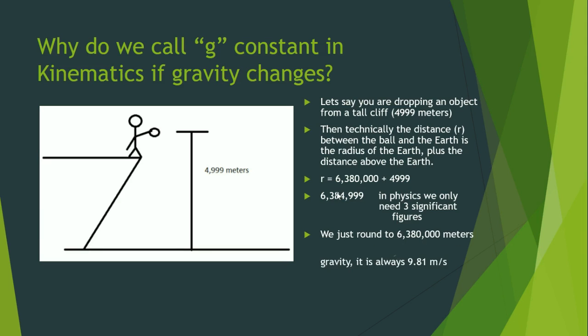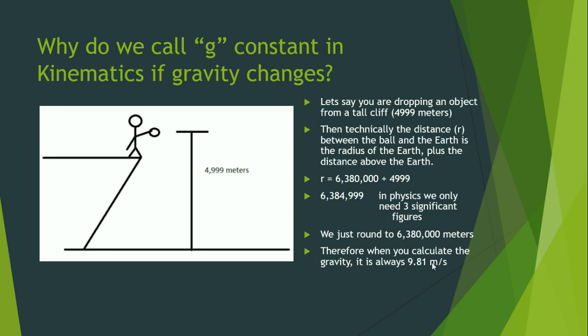So since we're within three significant figures and we have the same numbers as the radius of the Earth, if we calculate it using this radius, we will always get 9.81 meters per second squared. And even if it was exactly 5 kilometers above the Earth, it would only change by about a hundredth.